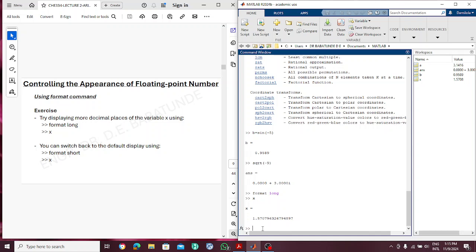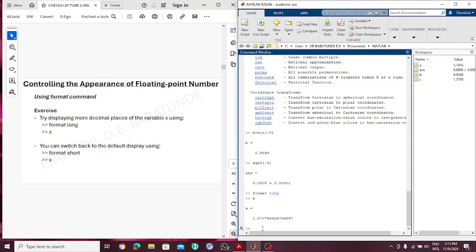One limitation of the format command is that its effect is global. So every other result it brings, now that I've changed to format long, will have 15 decimal places. If that is what I want, that all other results that I compute henceforth should be 15 decimal places, then it's fine. But if that is not my intention, then the format command may not be appropriate, because whatever format mode you are in is going to affect every other result you get.